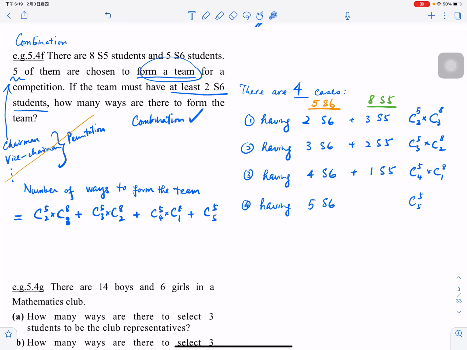Because either this one, or this one, or this one, or this one. So you just add up these 4 different combinations. So finally, 881. Clear? Okay, let's see.